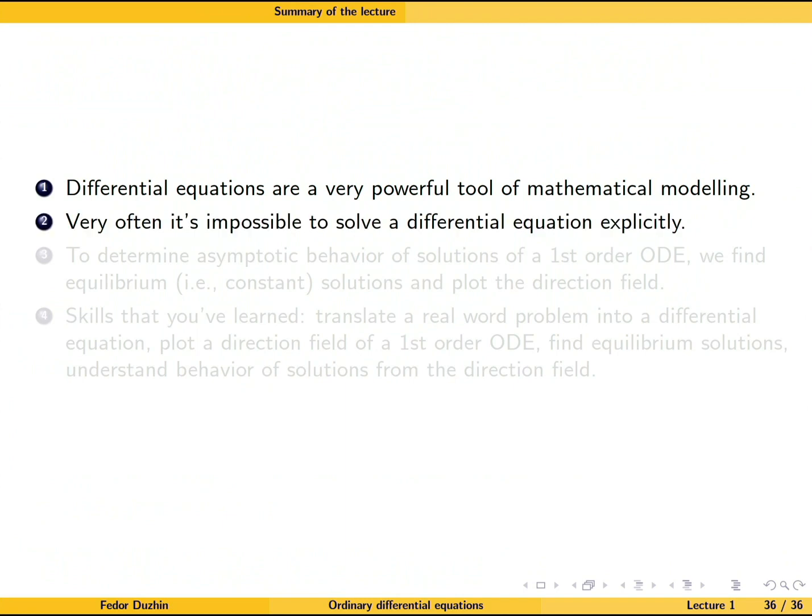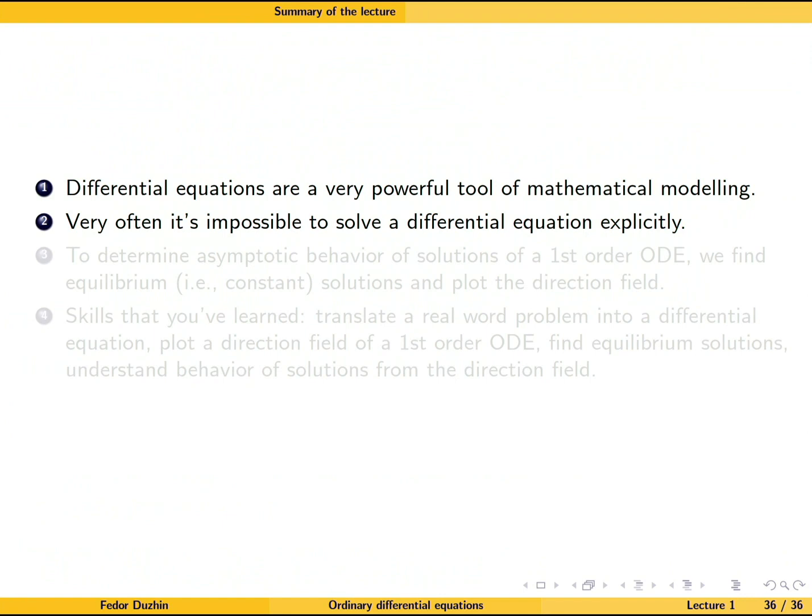Then usually if I just give you a differential equation, if it just comes out of nowhere, then usually it's impossible to solve it explicitly. Those little modeling examples that we saw today can be solved explicitly, but it's not always the case.